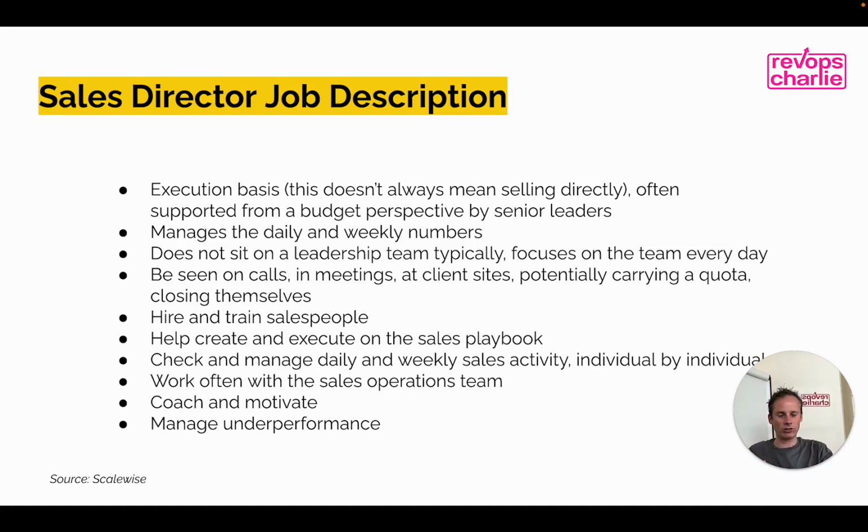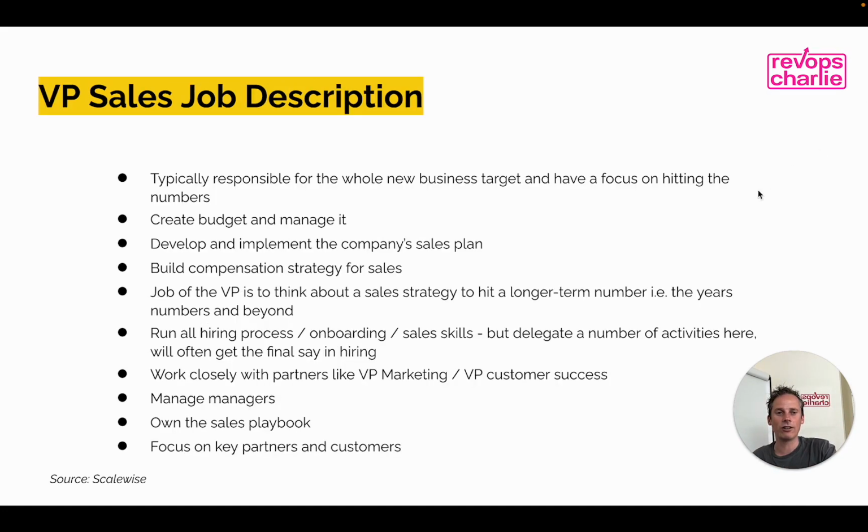All of the stuff that we talked about previously about revenue operations, about building out forecasting, about defining the ICP, about building buyer enablement tools, you've got to keep all of that well away from this person so that they can focus on selling. Now, how does that differ from the person that you're likely to bring in at the next stage of the process, which is as you come up towards that 10 million ARR?